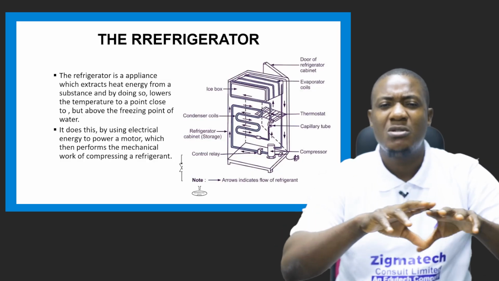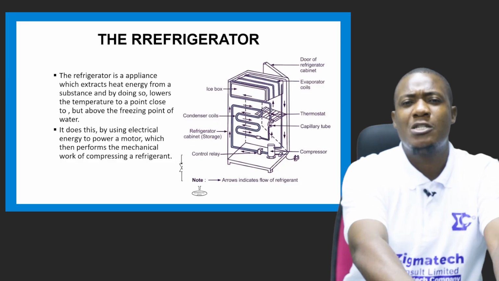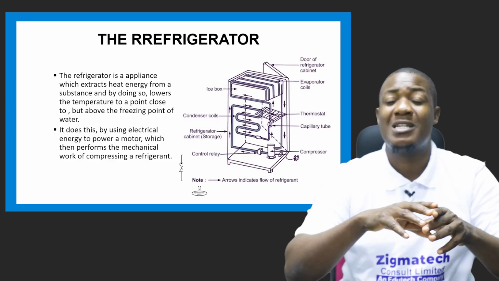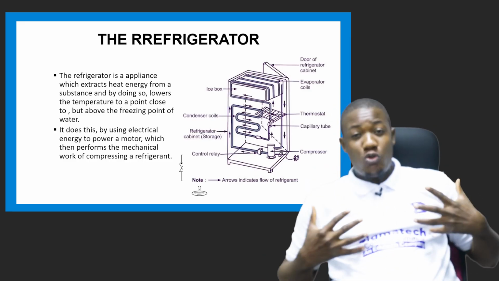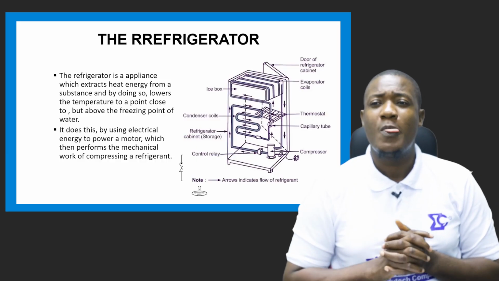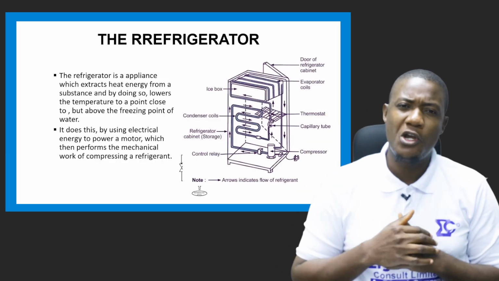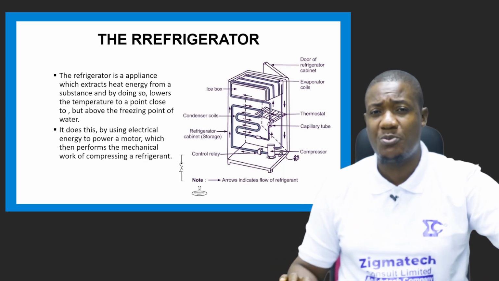So whatever you have inside the refrigerator gets cooled by the cool air. That's why when you mistakenly open your freezer, you have a very cool breeze coming out of the freezer. It's because of the evaporation of the Freon. That's the convection current that you experience.